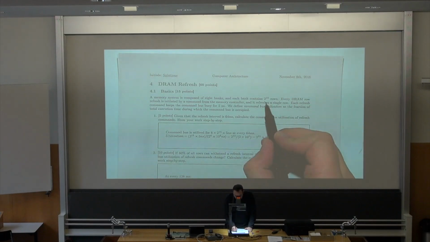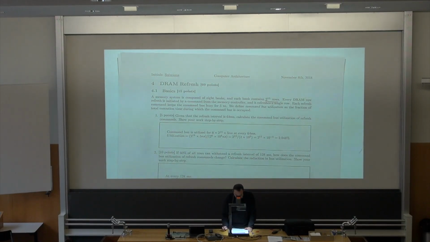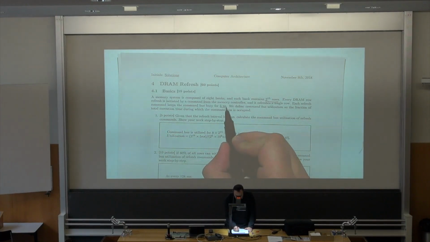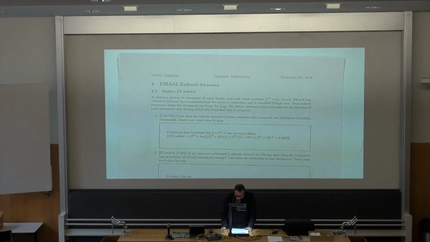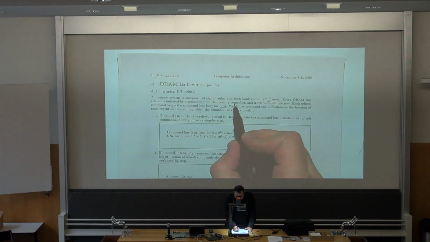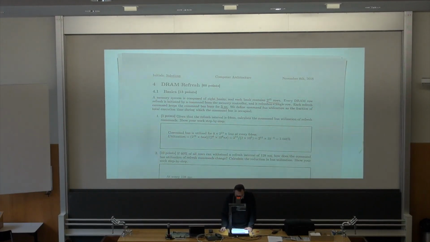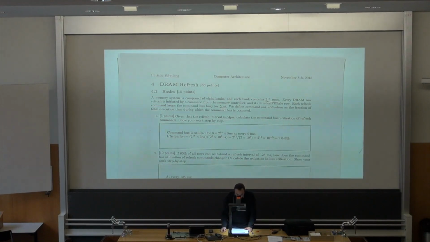So here we have 2 to the 15 rows, and we are refreshing them one by one. At every refresh operation, the bus is busy for 5 nanoseconds. And we have 8 banks here. The first question asks for the utilization, and it gives that the refresh interval is 64 milliseconds, right?